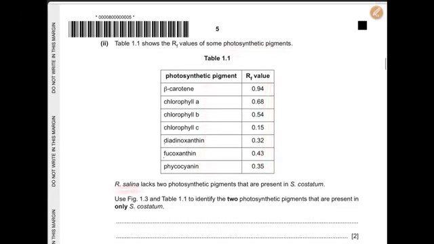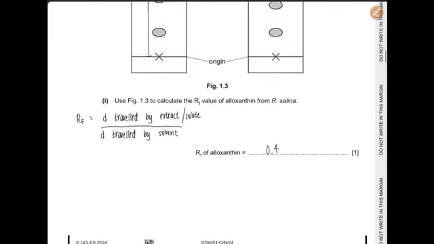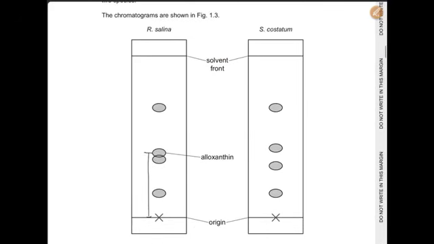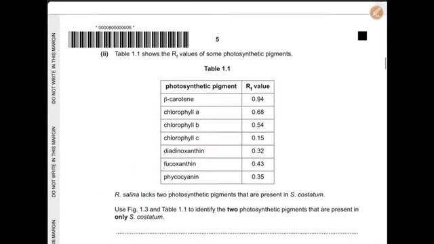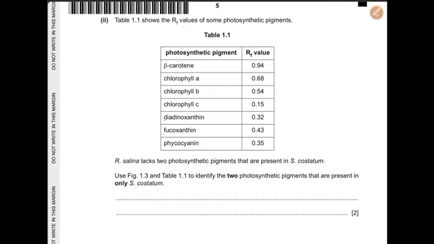R. salina, the first one, lacks two photosynthetic pigments that are present in S. costatum. Okay, so two of the pigments are lacking in this one, and they are present in the second species. Use the figure and table to identify the two pigments that are present only in the second one.